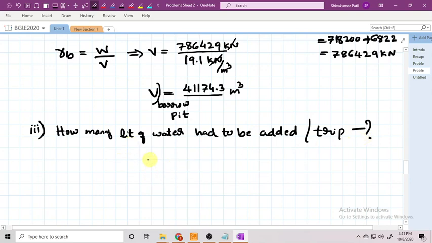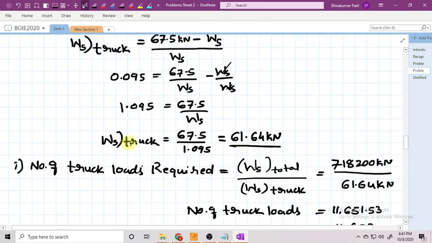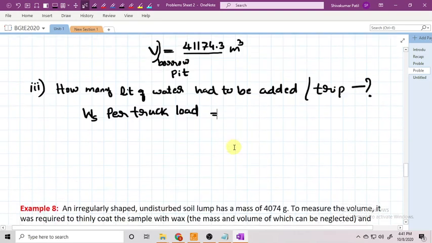So weight of solids per truckload we calculated, right? Weight of solids per truckload is 61.64 kilonewton.